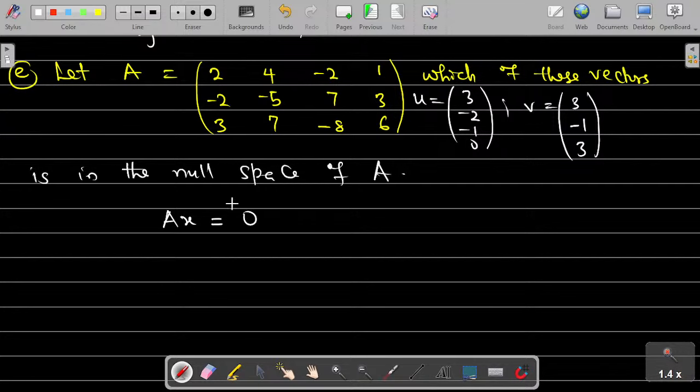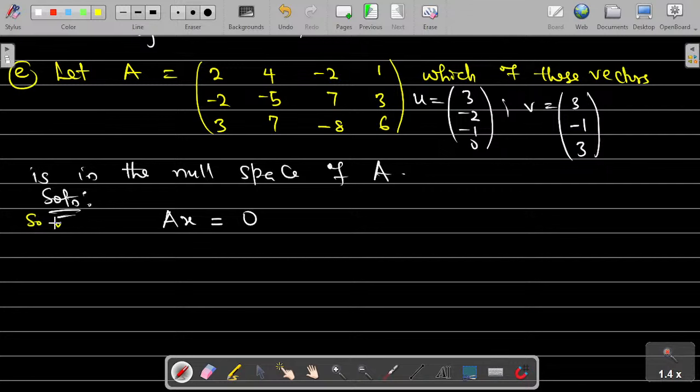So all the vectors that multiply A and give a result of 0 are vectors that are in the null space of A. So all you need to do is pick these 2 vectors, multiply with this matrix, and see which one will give you 0. So that's what we want.